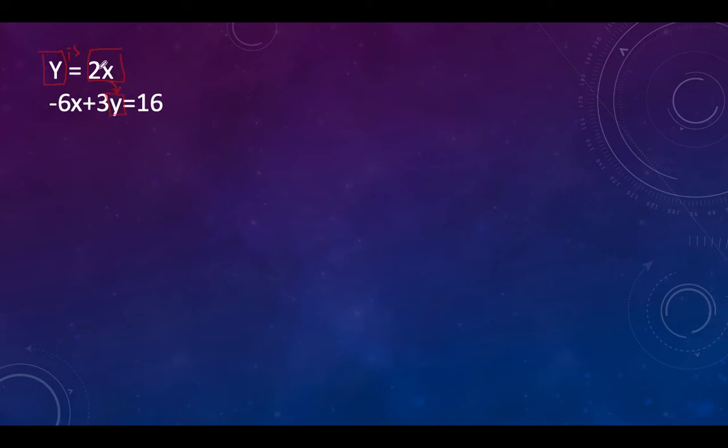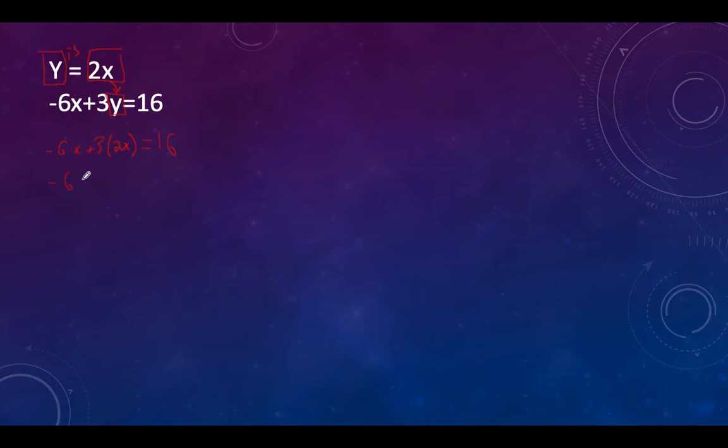Now I like to write parentheses around these because we need to know to multiply. So we get -6x plus 3 times, we're subbing in 2x, equals 16. Well, let's multiply this.